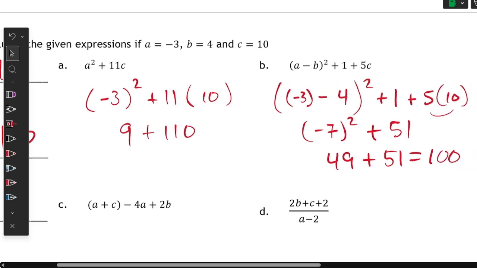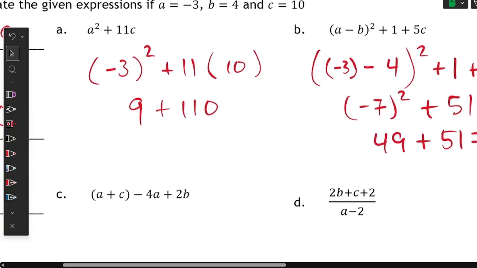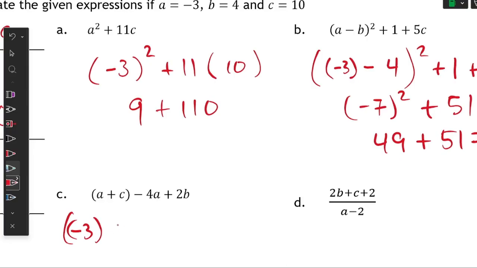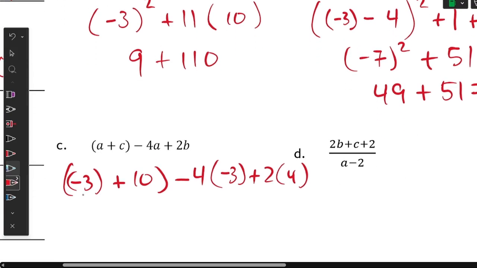Notice the use of parentheses. It becomes particularly important when you're squaring some things. It helps avoid some errors. Let's see C. On C, I've got the number -3. Oops, I'll put that in extra parentheses. I'm going to be adding 10 to that, and then -4 times open paren -3, and then plus 2 times B, which is 4. All right, so in this first set of parentheses, I've got a -3 and a 10, which is going to be a +7.